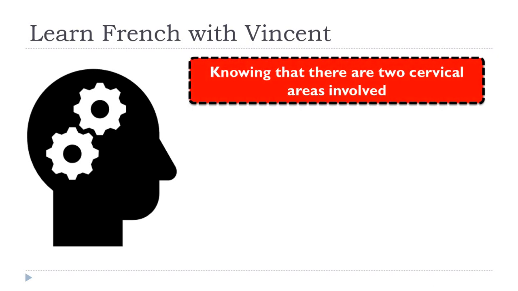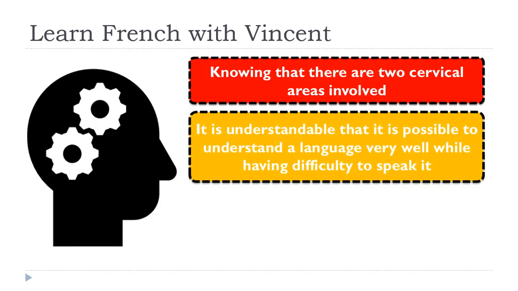So knowing that these two areas are involved, it explains this simple question that I've been hearing so many times. How is it possible that I've got the feeling that I understand, I read well, I can write quite well, but it's difficult to speak French?